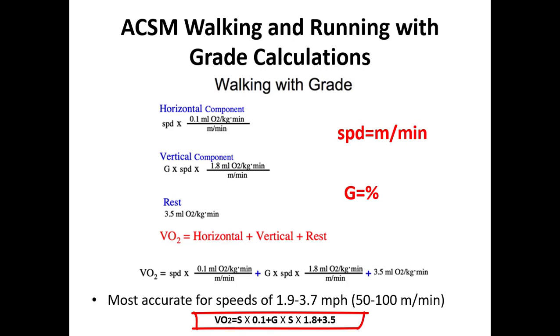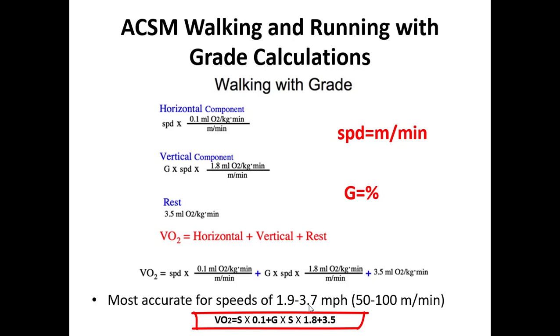So please watch here. How about this one? This is the ACSM walking equation. Using our speed and our grade, if we use a treadmill, if we know that speed and grade, we can calculate our oxygen consumption.